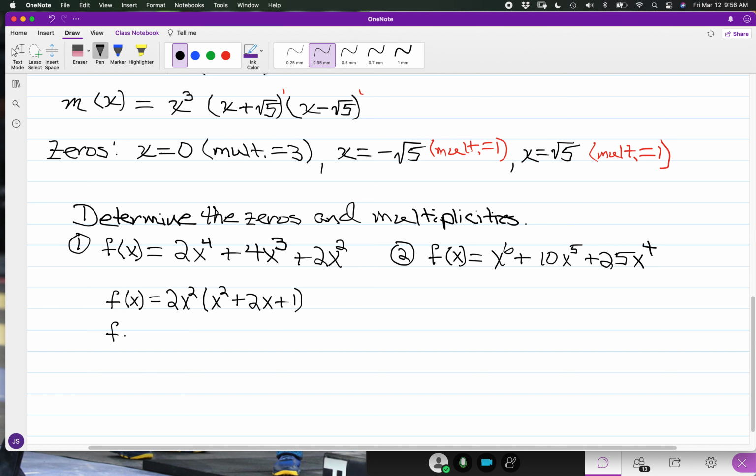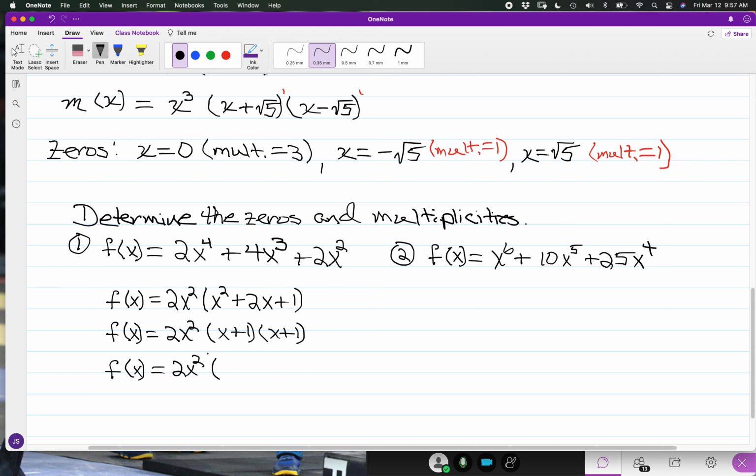So here we're going to have f of x is equal to 2x squared, and with x squared plus 2x plus 1, so we have x plus 1 times itself. Since x plus 1 appears twice, we're going to put the factored form in the compact notation.